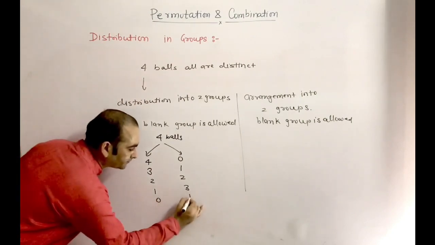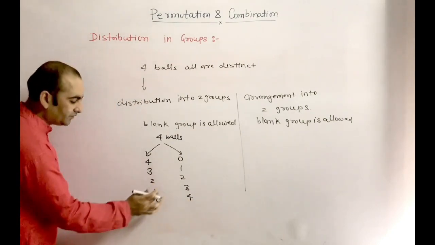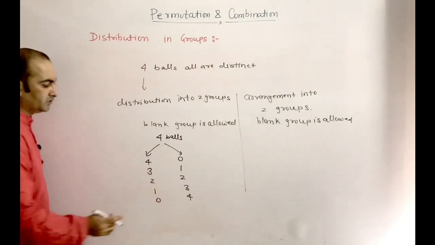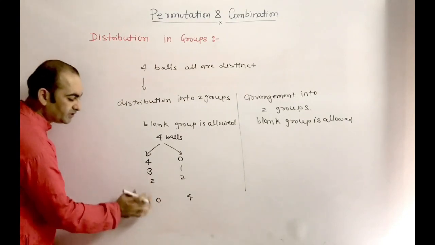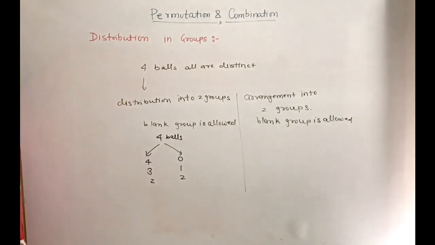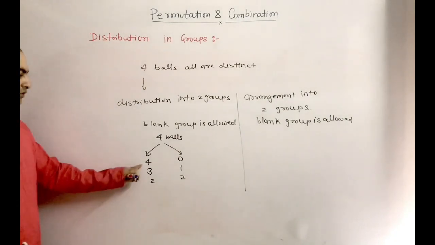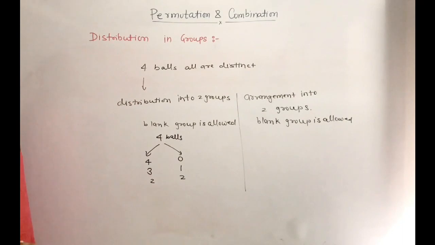And fifth is 0 and 4. Okay, in grouping 3 and 1 and 1 and 3 both are same, so we have to write only one time. Similarly 4, 0 and 0, 4 also same, so this also we have to count only one time. So only three possibilities: 4, 0, 3, 1 and 2, 2. So first we have to do grouping.